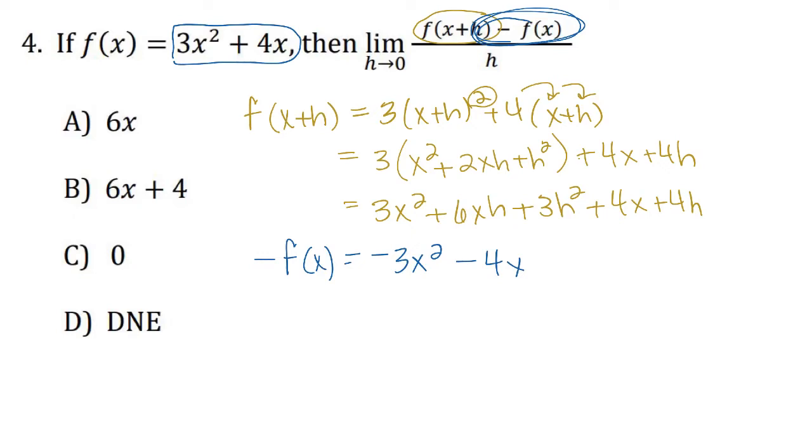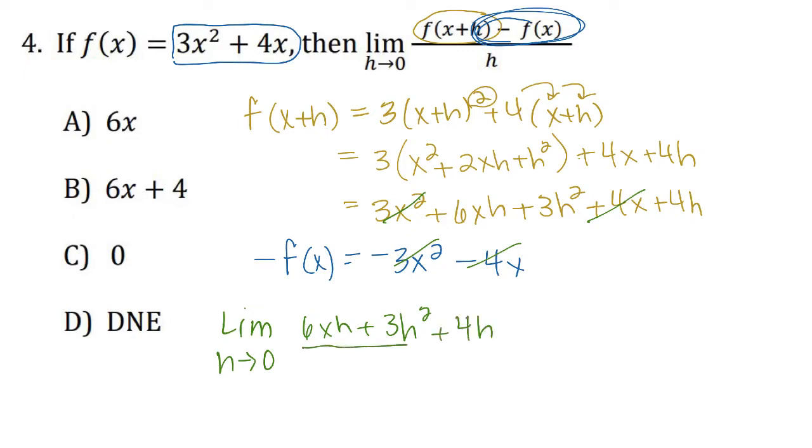Now at this point, when you're ready to write in your limit, you should have stuff to cancel. So I have my limit as h approaches 0. Those will cancel, so I have 6xh plus 3h squared, and then notice the minus 4x and positive 4x, and then plus 4h, and that is all over h.